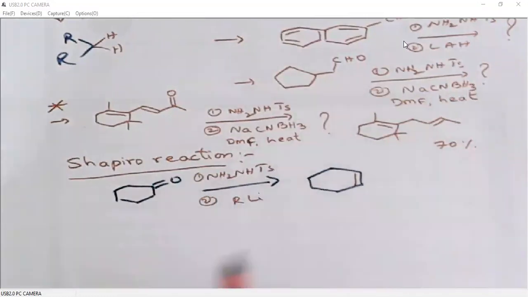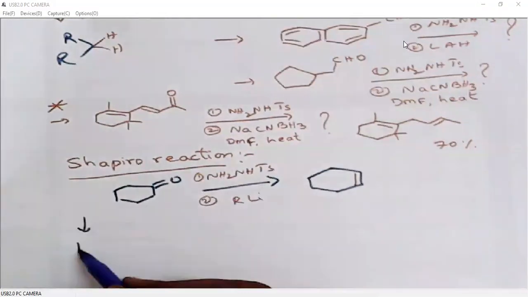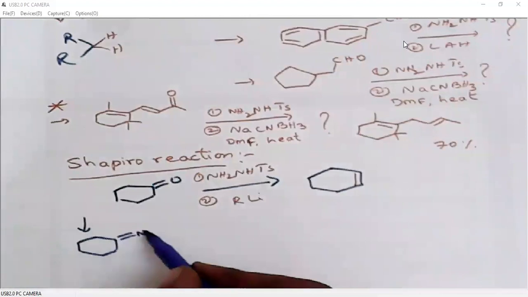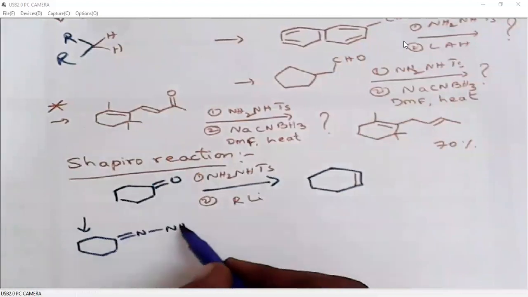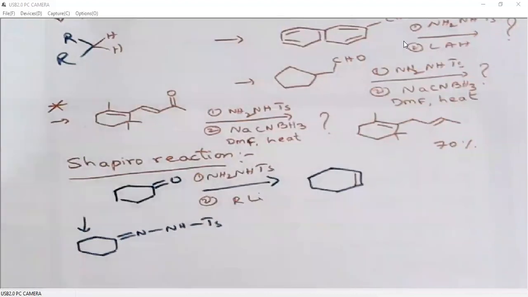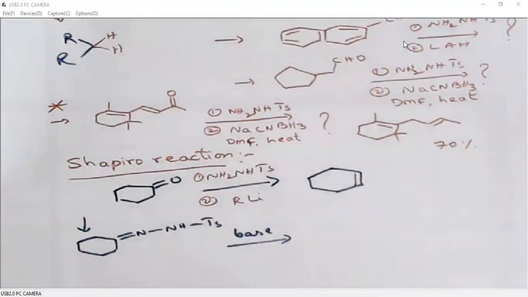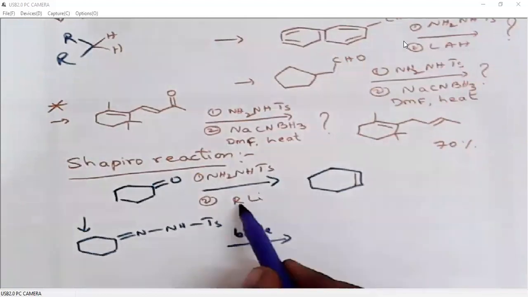I'll give the mechanism also. Of course, the first step is the formation of tosyl hydrazone, right? So with the expulsion of water, we are generating tosyl hydrazone. Then when we add base, either alkyl lithium or some amine bases, we can use any strong base here.